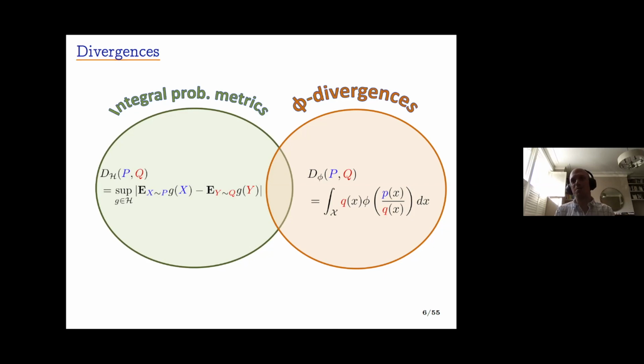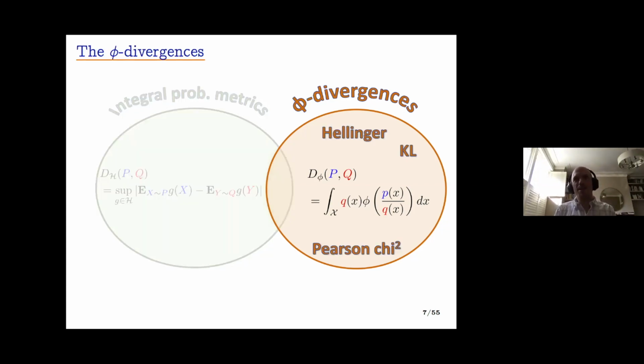Firstly, it's going to be 0 when the ratio of P to Q is 1, because when the ratio of P to Q is 1, then P and Q are the same. It's also going to be convex, for reasons that are going to be useful to us shortly, and it's lower semi-continuous.